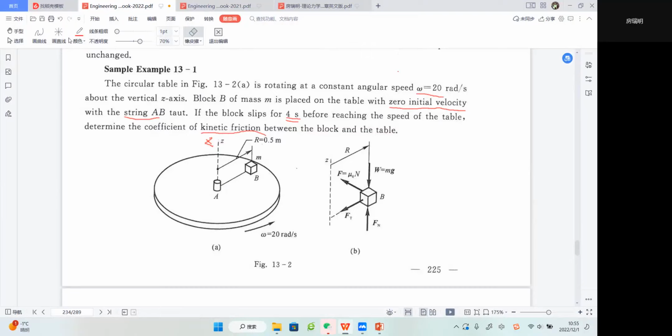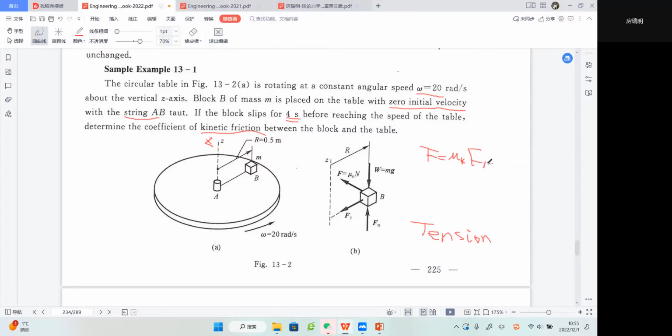Here T means tension, 拉力, right? Tension. Another is F equal mu K times N, meaning here actually F will equal mu K. Not N, I think it should be F1.